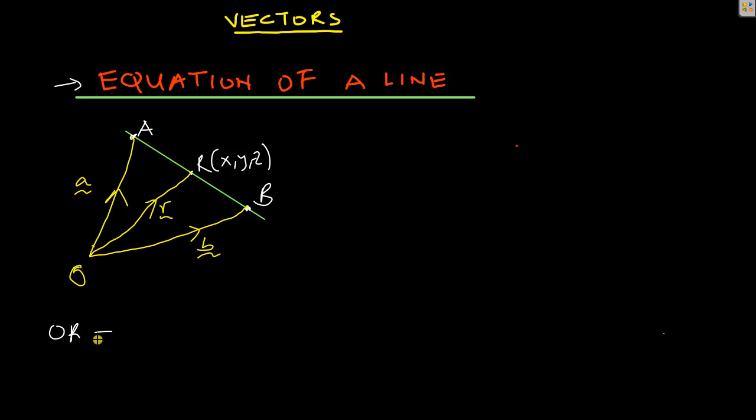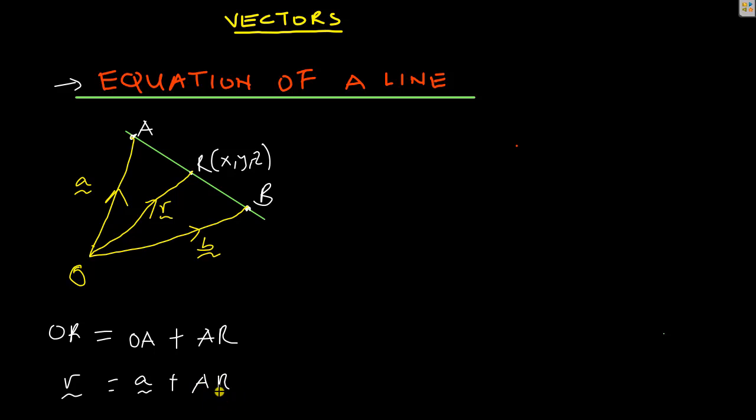So OR, we could take this path, OA plus AR. We could also take OB plus BR, but I'll just stick to this one. As you can see, OR is small r, and OA is the vector from the origin to A, the position vector of A, and then AR.